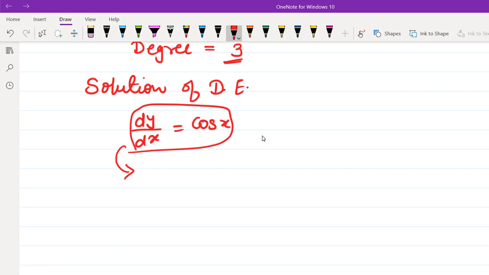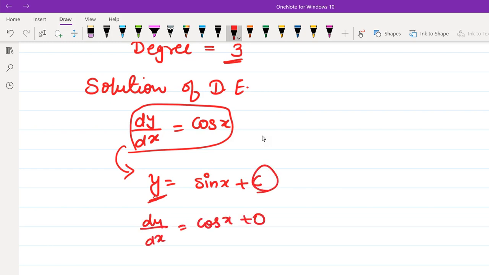It is very easy: of which function is the derivative cos x? We all know that it is sin x plus c. If I take its derivative, it is going to be dy by dx, and the derivative of sin x is cos x and the derivative of the constant is 0. So we have to get this equation when given this differential equation.